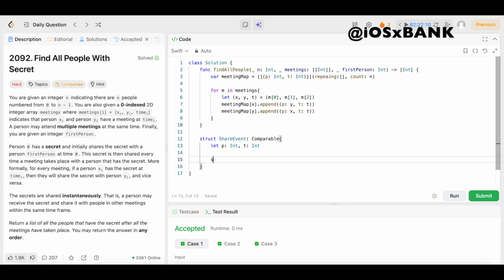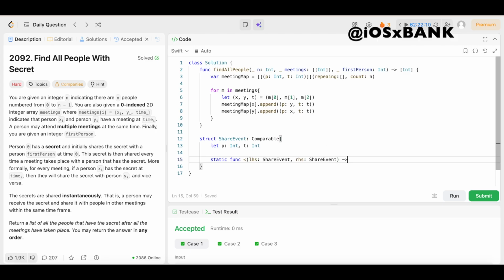So we're going to say static func less than, open up the parentheses, LHS colon ShareEvent comma RHS colon ShareEvent. Then we're going to come outside of that.